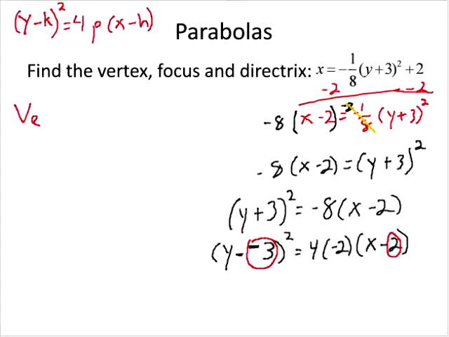So when I write all this out, let's see. I'm going to see the vertex first. So the vertex is going to be the point 2, -3, right? I put the x first. The focus is going to be 2 plus a negative, there's the p value.